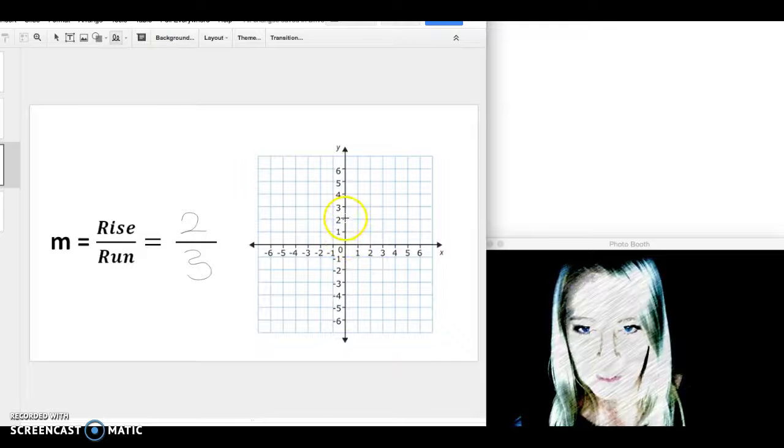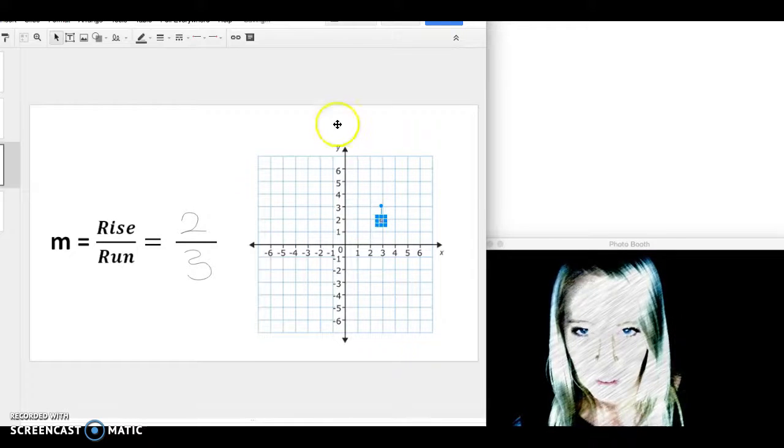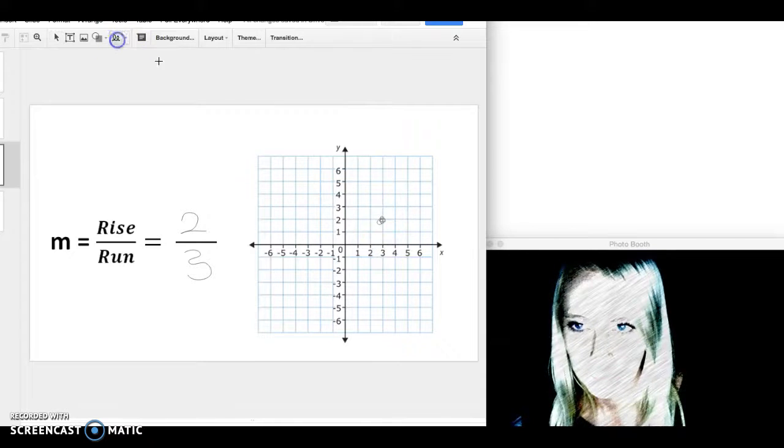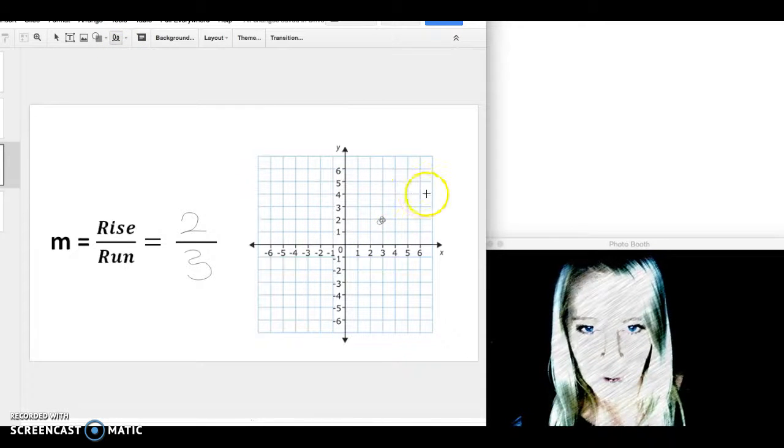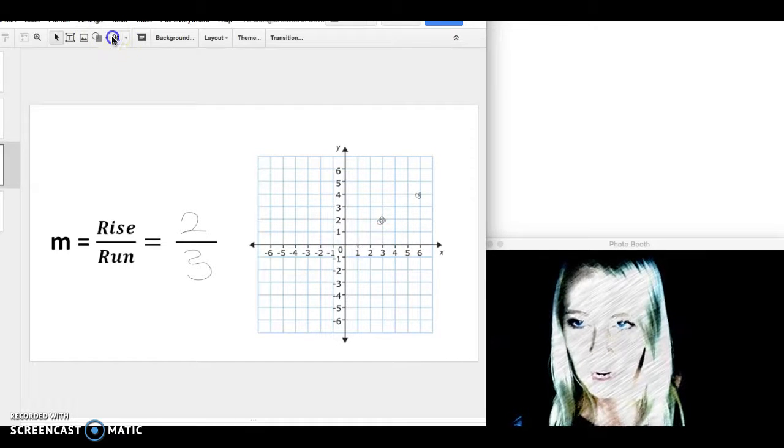I'm going to rise +2 and run +3, and this is where I would graph my point. Again, I'm going to rise +2, run +3, and graph my point. I can also go down -2 and over -3, and as you notice, this point is still on the line.